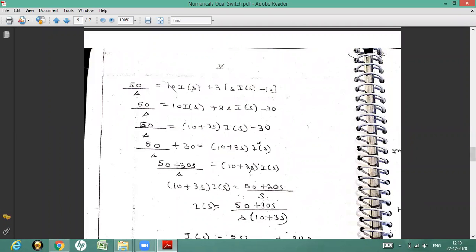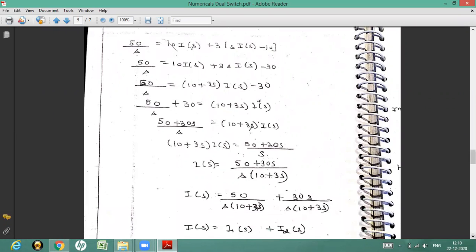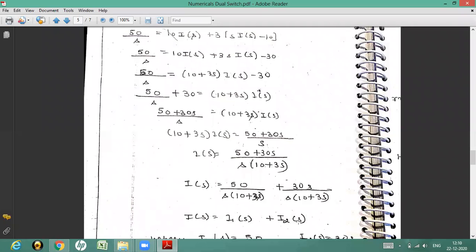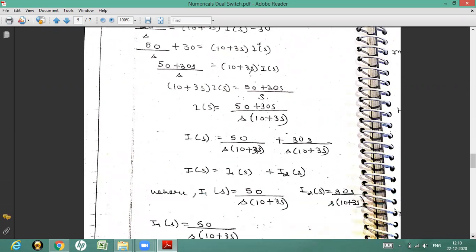So what I have to do, I can simply convert I of s into two signals, that is I1 of s and I2 of s, where I1 of s is equal to 50 upon s into 10 plus 3s, and I2 of s is equal to 30s upon s into 10 plus 3s.